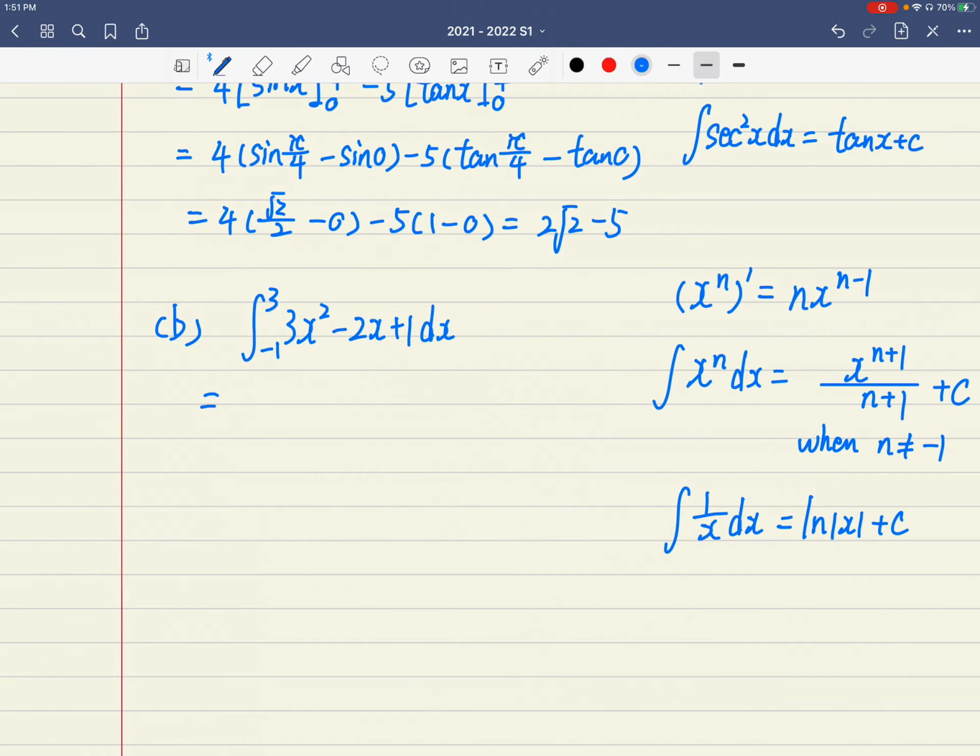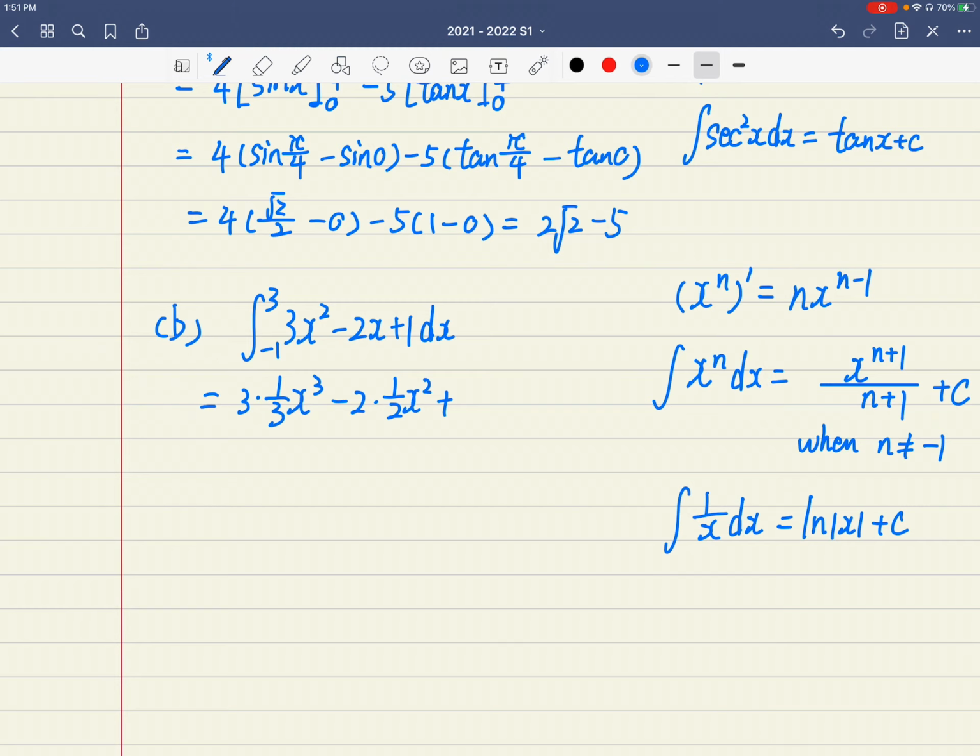So here, x squared, the integral must be x cubed. So it's x cubed times 1 over 3, because that's the coefficient, and you have a 3 in front, so these two cancel out. Minus 2 times, here x you integrate, it will be x squared times half, so the 2 and half cancel out.